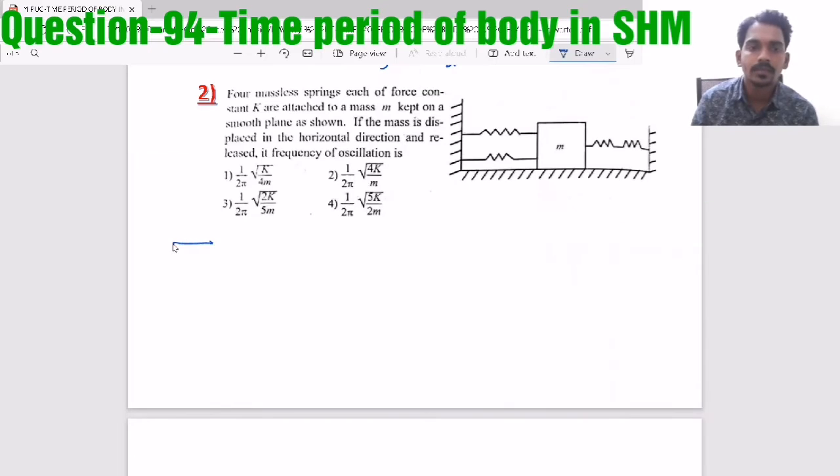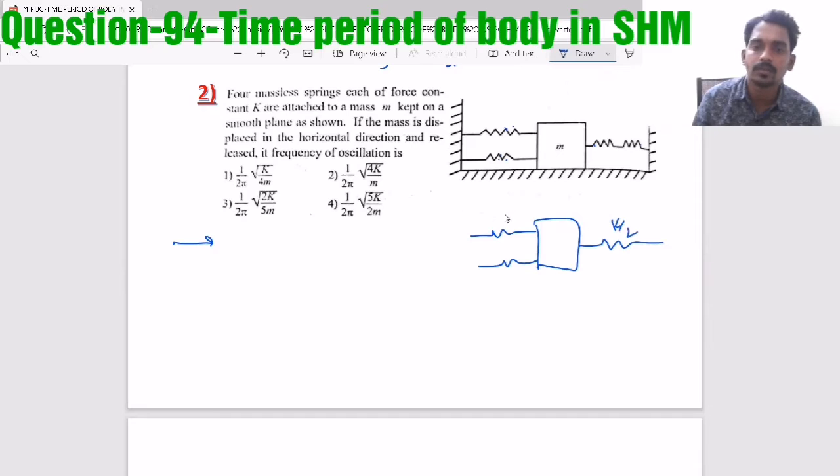Now here, as we have seen, the combination of springs. See, these two are kept in parallel. This is also parallel. Now these two in series, all have the same constant, so it will become k by 2. It is k only.